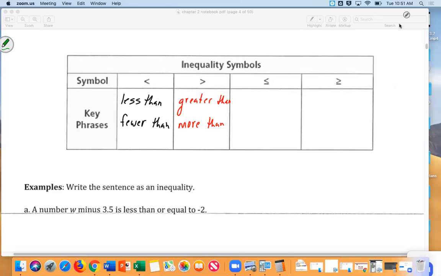Now these two here, there's going to be three different phrases that we could use, and two of them are kind of tricky. First off, this is less than or equal to, and this one would be greater than or equal to.